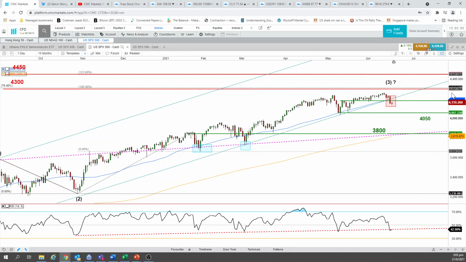That means the break of that 50-day moving average that had been supporting the index since 25th of March could be a fake breakout due to this high volatility event, the big option expiry, that caused an unusual move on Friday, especially also reinforced by the hawkish statement from Fed official Bullard.